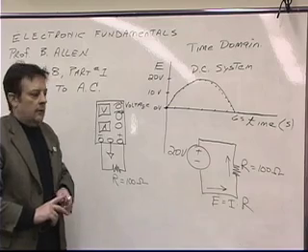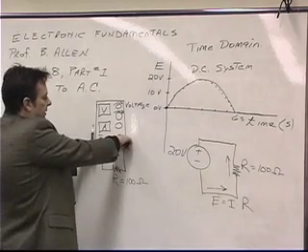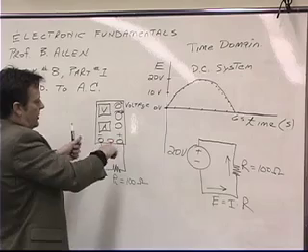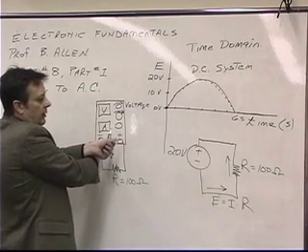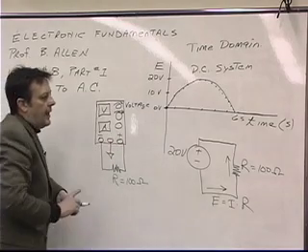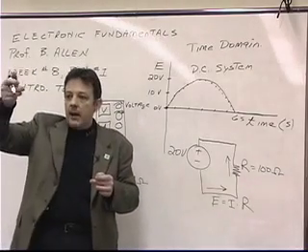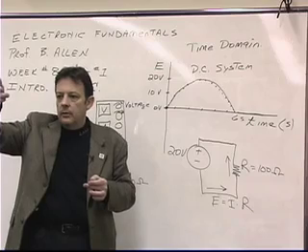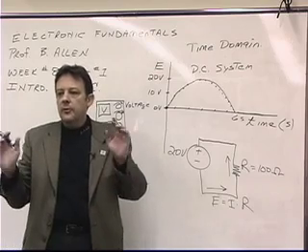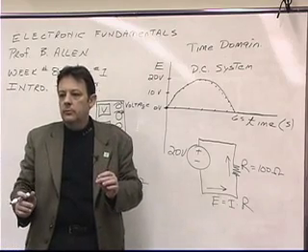Okay? Now, once we take the leads out and swap their polarity, and start preparing ourselves to turn the knob back to a positive voltage again, what's going to happen to the direction of the current flow?